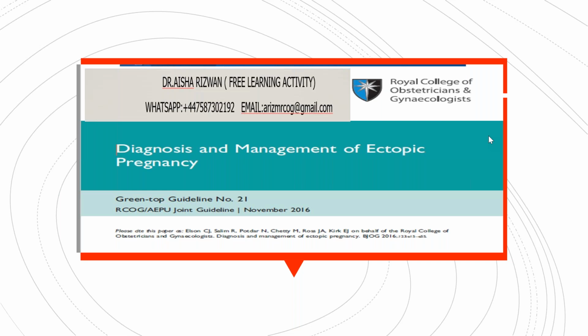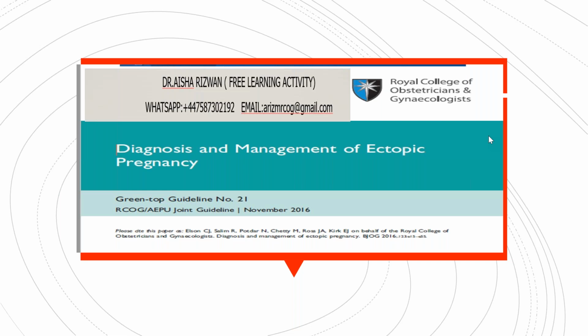You can visualize a gestational sac or products of conception which are seen mobile and separate from the uterus, completely surrounded by myometrium, and a vascular pedicle adjoining the gestational sac to the uterus. That is very helpful for the diagnosis of cornual pregnancy.